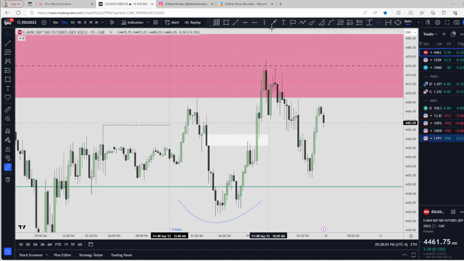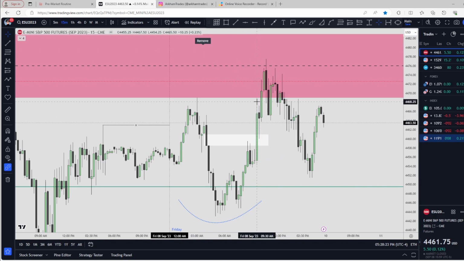People would probably think of this as resistance, but you have to be aware of overall market structure and the bias. We're bullish. This isn't gonna be resistance. Price is gonna break above it, come back down into it to then pull higher. That's inversion. So we have this inversion.